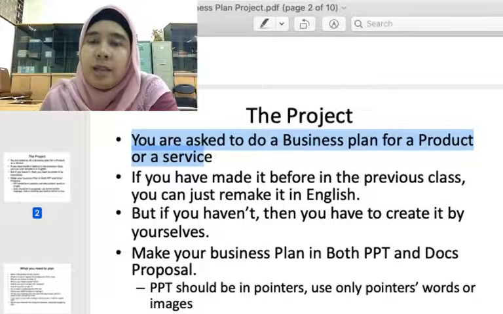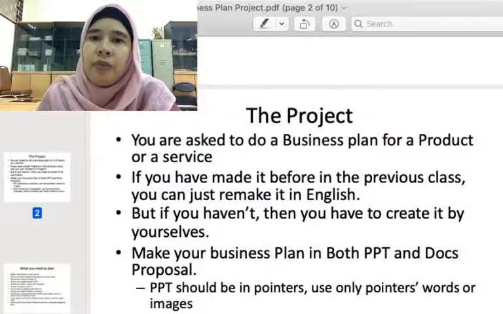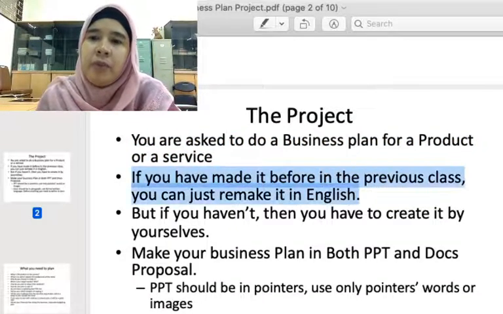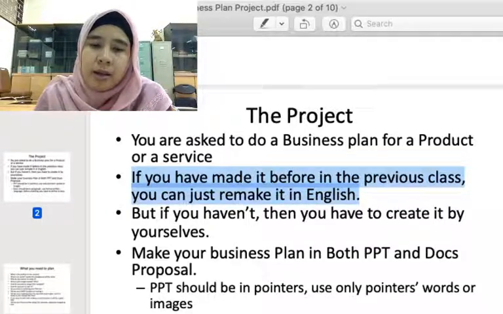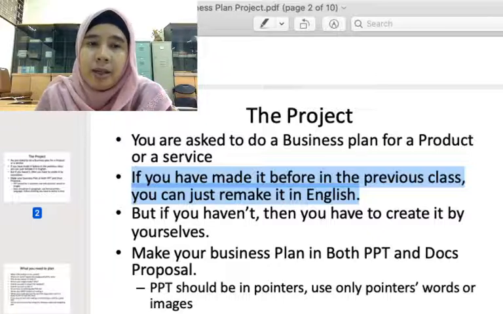Pilih salah satu saja. And then next, if you have made it before in a previous class, you can just remake it in English. So perhaps you are now having an entrepreneurship class, ada kelas kewirausahaan, and one of the assignments you need to do is a business plan project.